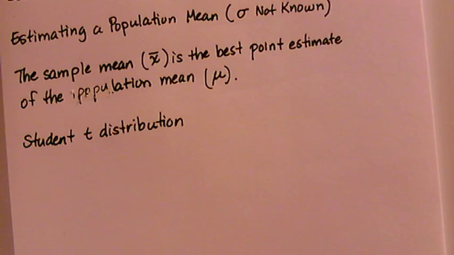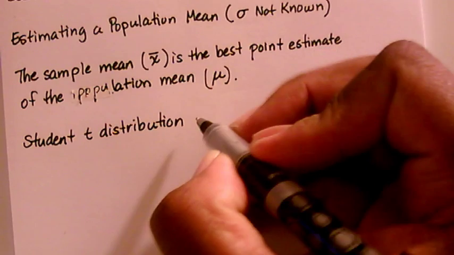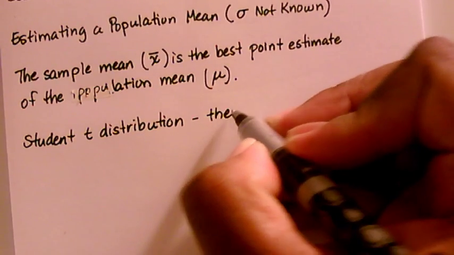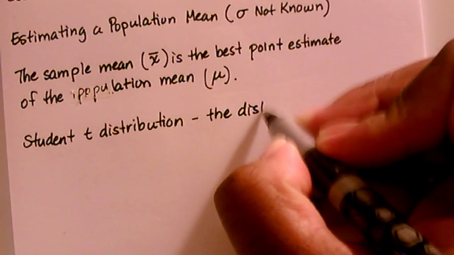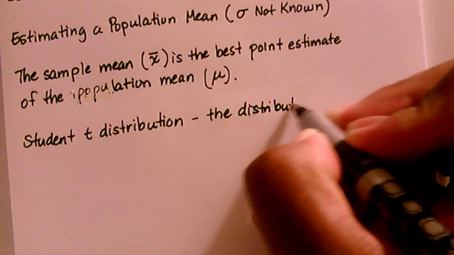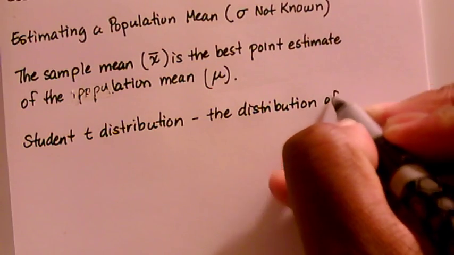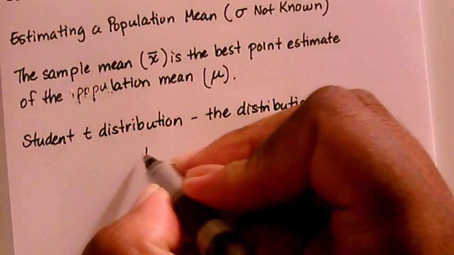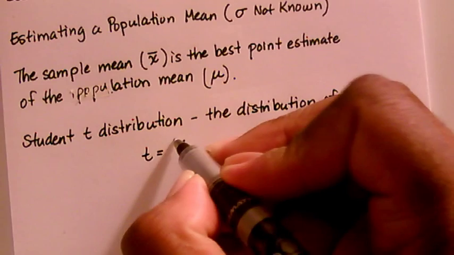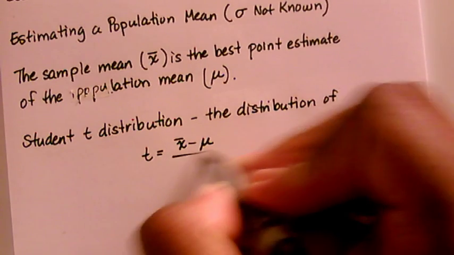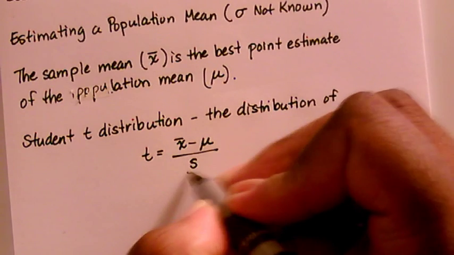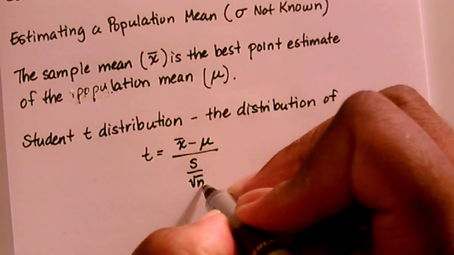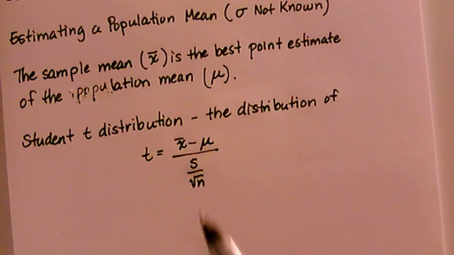Now, a student t distribution is going to be the distribution of this. It's going to be lowercase t is equal to x bar minus mu divided by s over the square root of n. Okay.